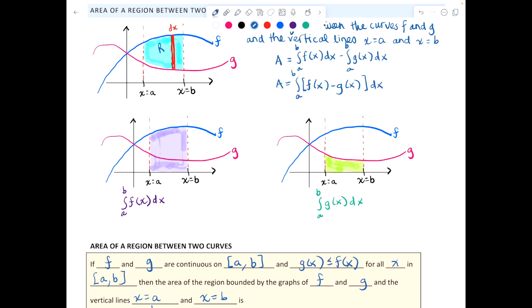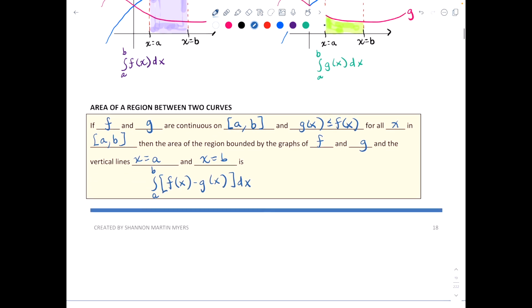If you're looking at a function of y, where y is the independent variable and x is the dependent variable, then your rectangle would be representing a change in y. So we have an example of that to come. But this is just giving you a general example in terms of x. Groovy? All right.